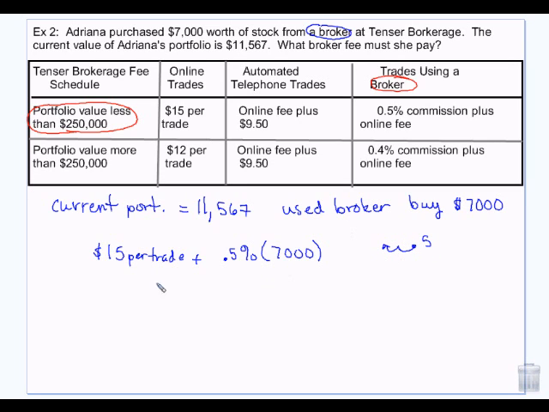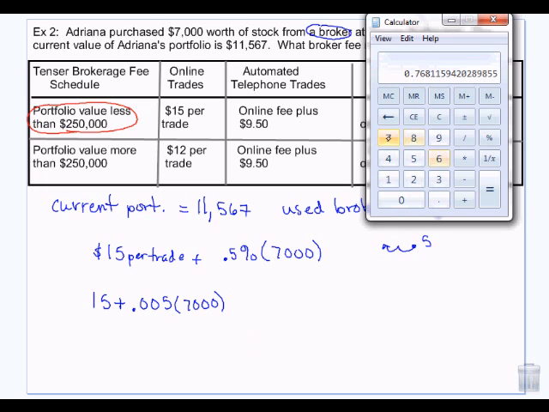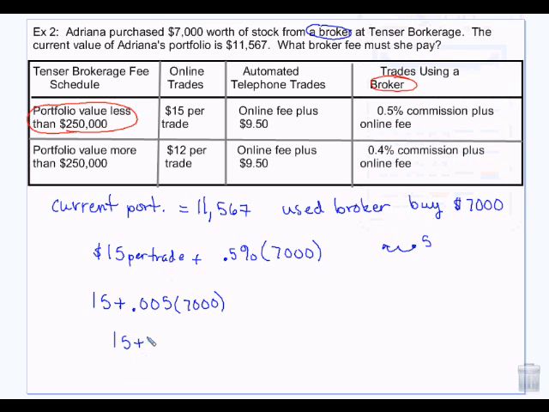So it's $15 plus 0.005 times 7,000. And I'm going to cheat again. So 35 bucks. So she's paying 15 plus 35, so that transaction, not 40, cost her $50 in fees.